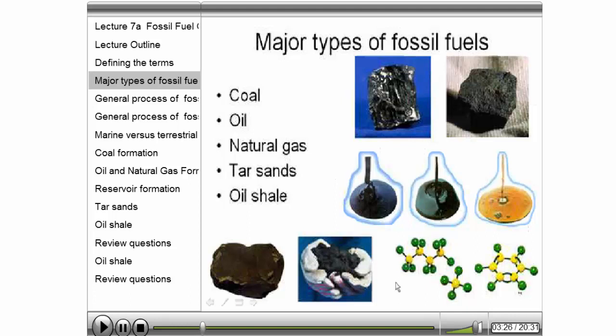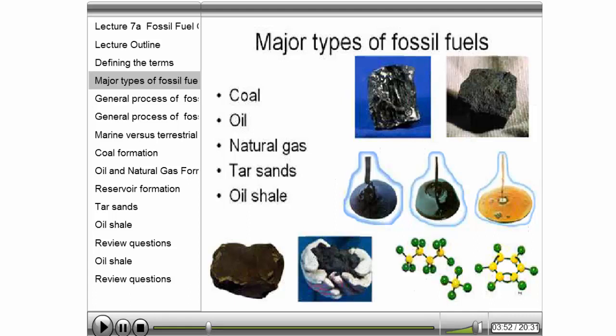Natural gases are comprised of different types of molecules, which can be propane, methane, or benzene molecules in a gas dispersed form. Tar sands are, as the name implies, sandy granular material with heavy, thick oily material in the intergranular spaces.